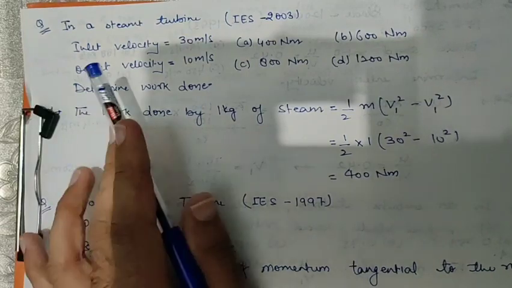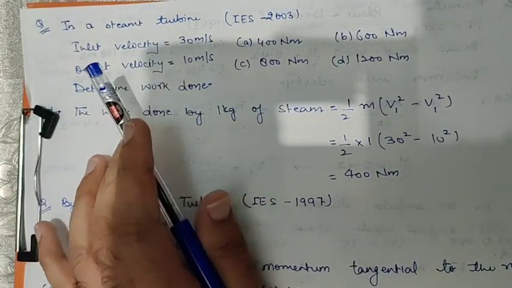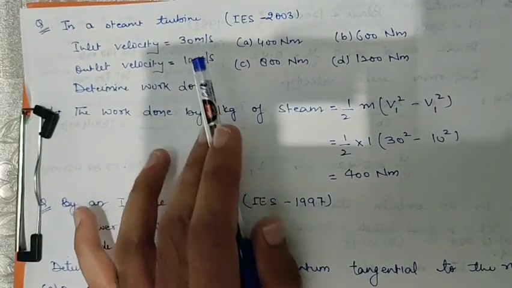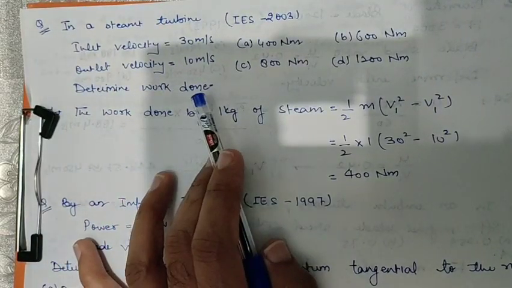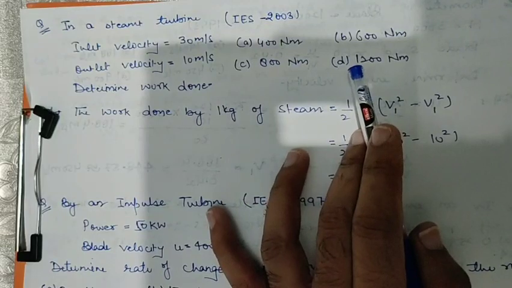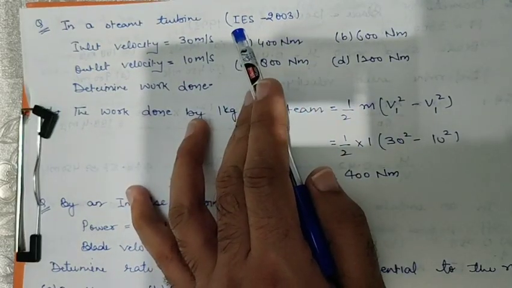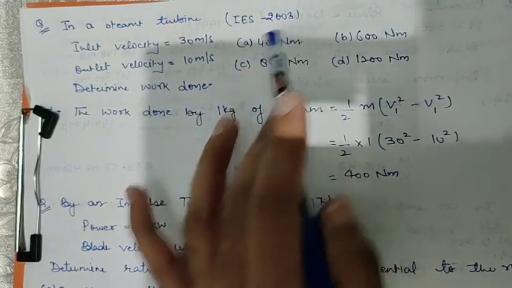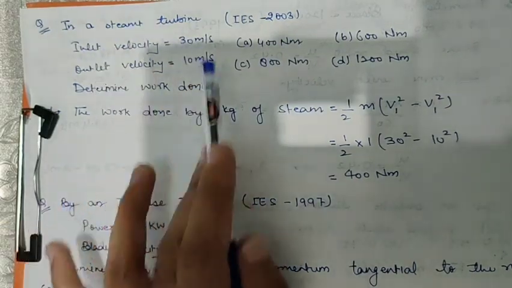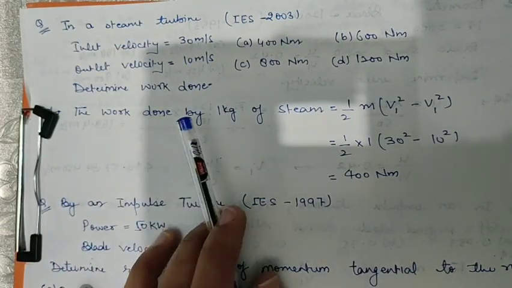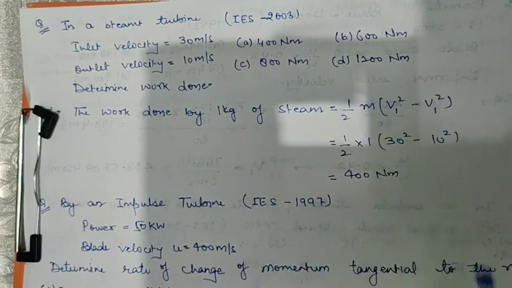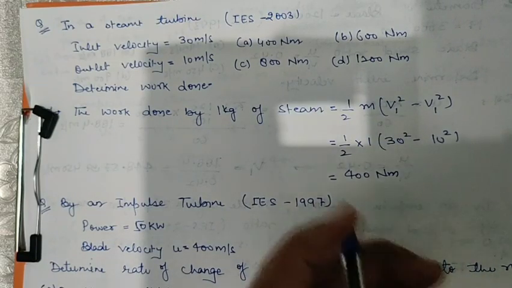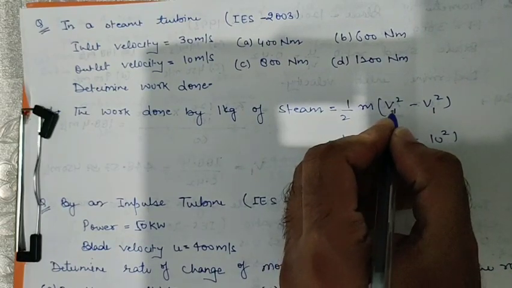Now the next question is, in a steam turbine, inlet velocity is 30 meter per second, outlet velocity is 10 meter per second, determine work done. These are the options given to you as an answer, and this is the question which came in IES 2003. From the given data we can calculate the work done by 1 kg of steam, that is half the change in kinetic energy.